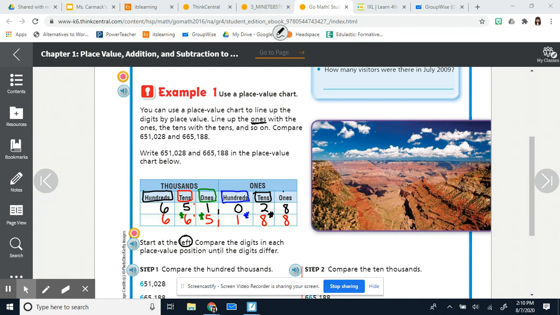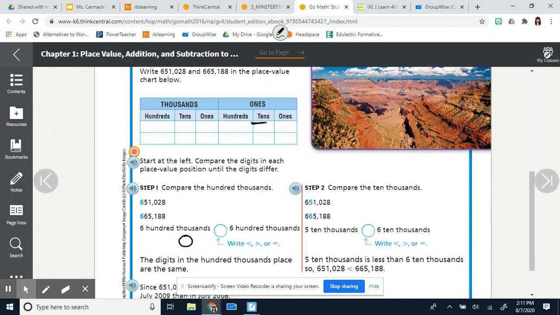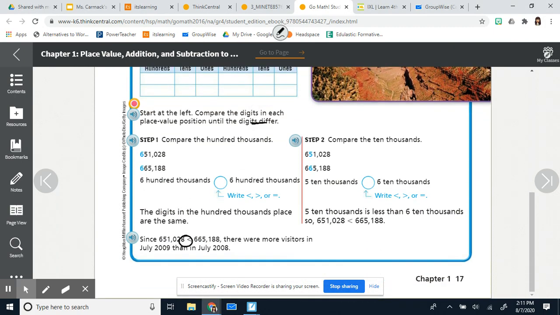Okay, so now that we've done that, which number do you think is larger? My vote is definitely going to be for our bottom number, 665,188. Okay, scrolling down. And I think the book came up with the same. Yep, that one's bigger.